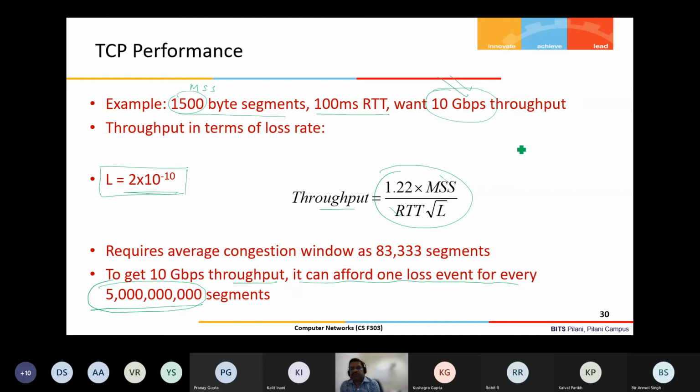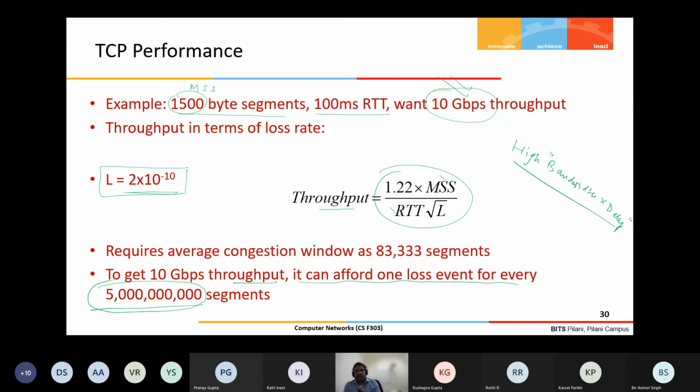There is a term called the high bandwidth delay product, the product of bandwidth and delay. For links for which the bandwidth delay product is high, TCP is not a good protocol.